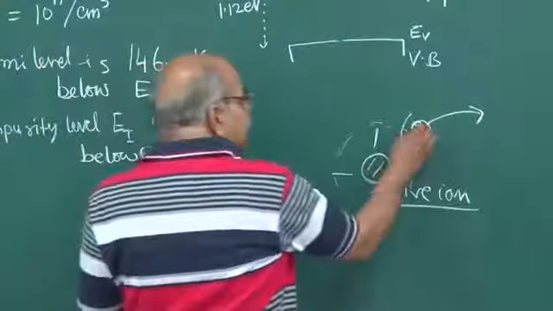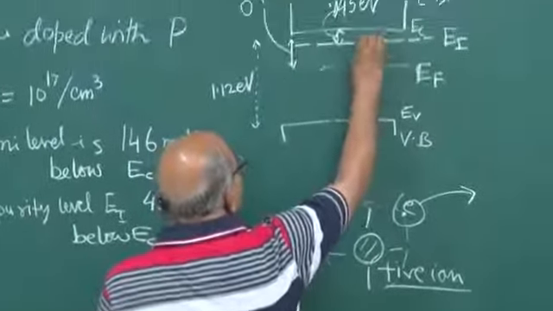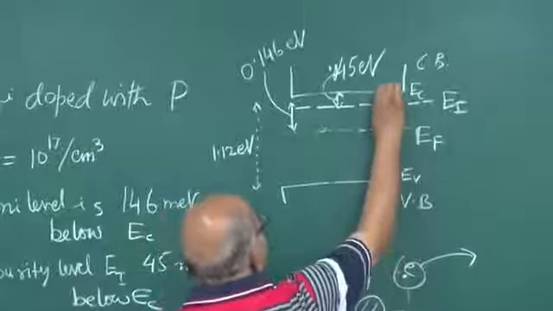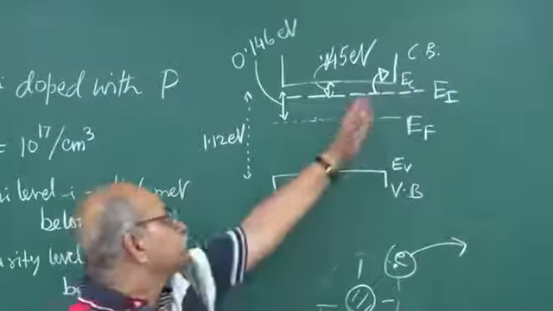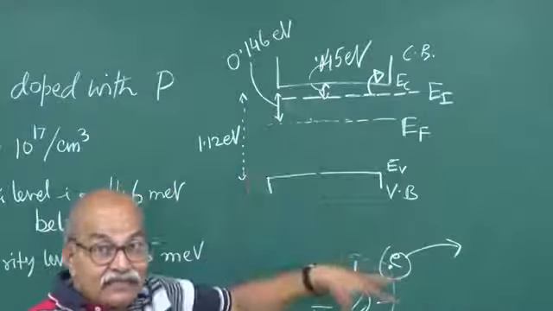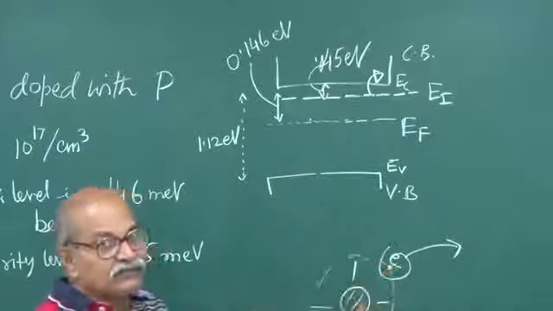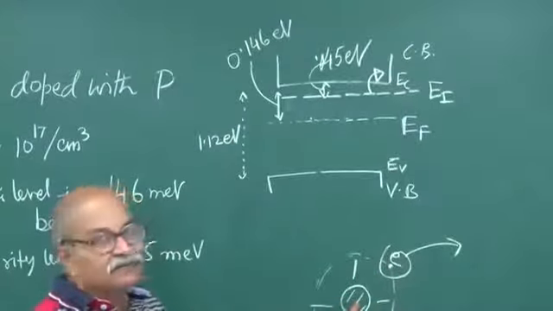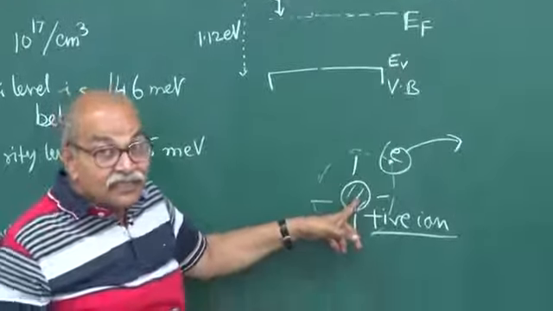So the impurity level energies are here. Once the electron goes from this impurity level to the conduction band, your donor atom is ionized. And if it is still bound here, then you say that it is not ionized.